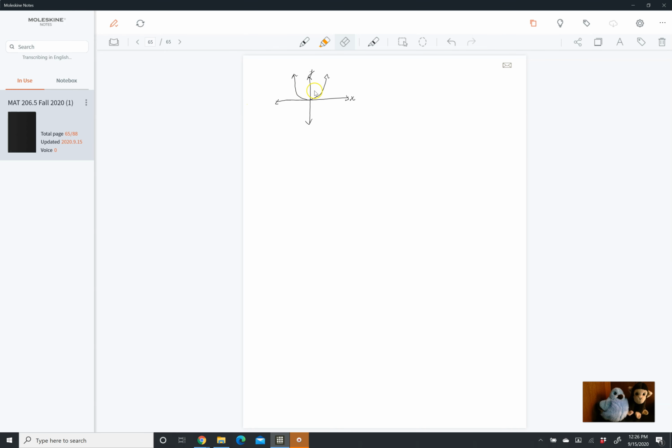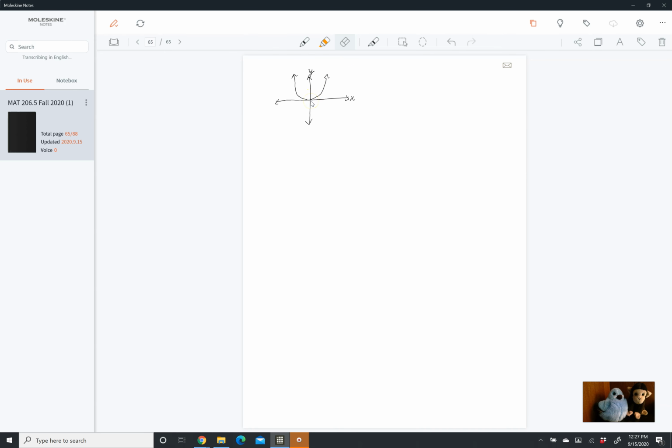And for those of you who haven't seen quadratics before, these are parabolas. They keep going and they don't go straight up. This is a function. It actually keeps going out, just very slowly, okay? So this is a function. It goes out for the rest of time. That's why we have arrows on it.